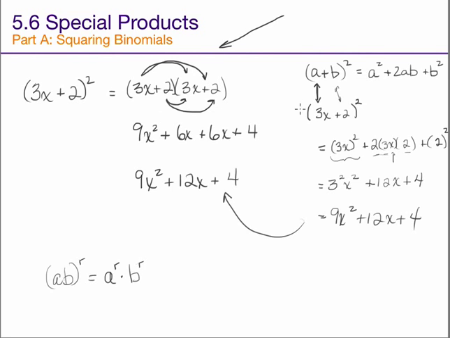So I don't mind which of these techniques you use, but notice that the shortcut only works on a binomial squared. It's a special case. I can either write this using the shortcut, or I can go back to first principles and say, what does this mean? It means 3x plus 2 times itself, and then just use distribution to multiply two binomials.